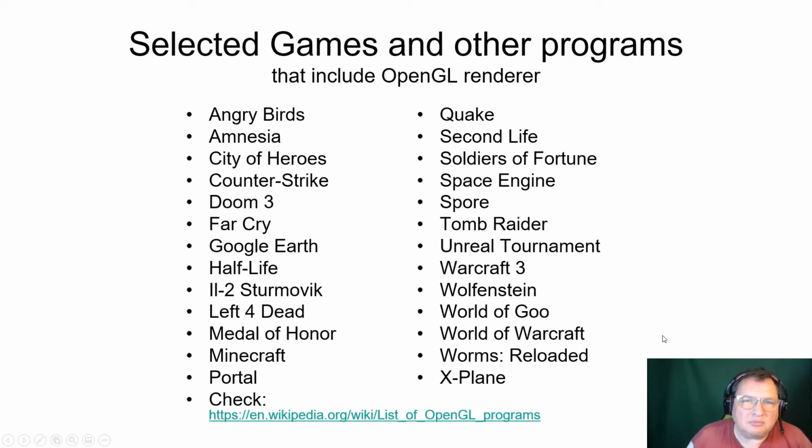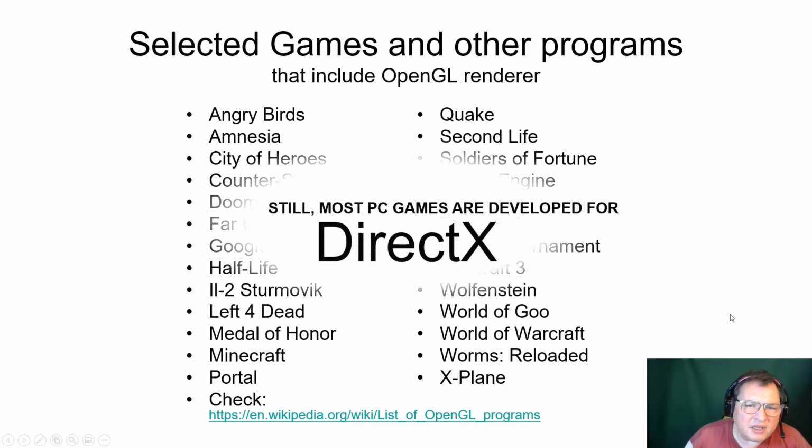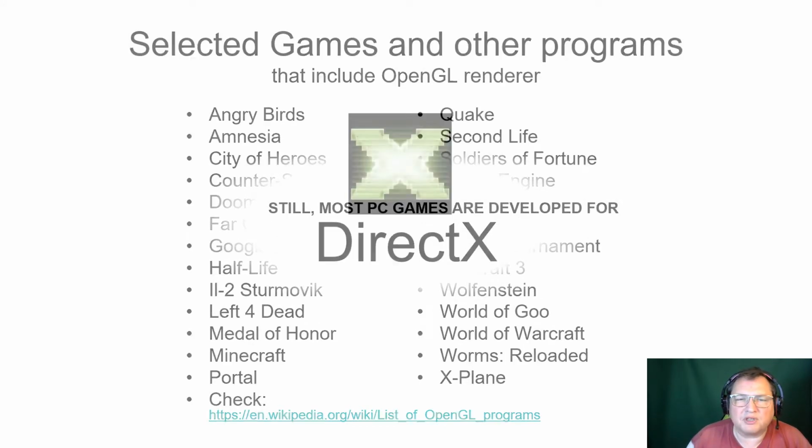There's a number of games and other programs that include an OpenGL renderer, but it has to be stated that most PC games are developed for DirectX, the Microsoft system, the counterpart of OpenGL, another competitive graphics API.